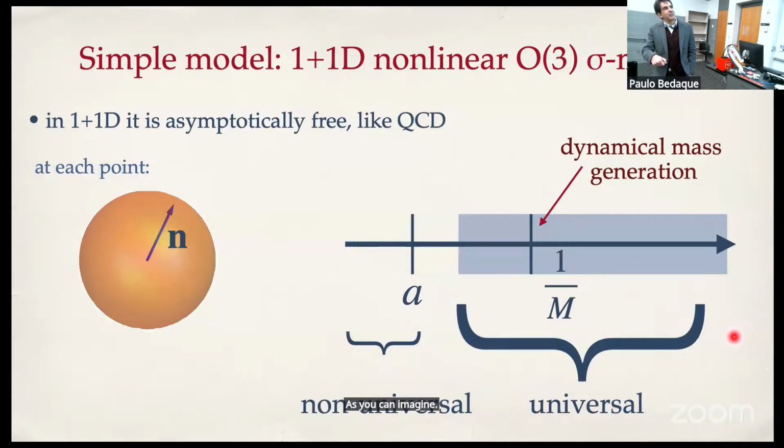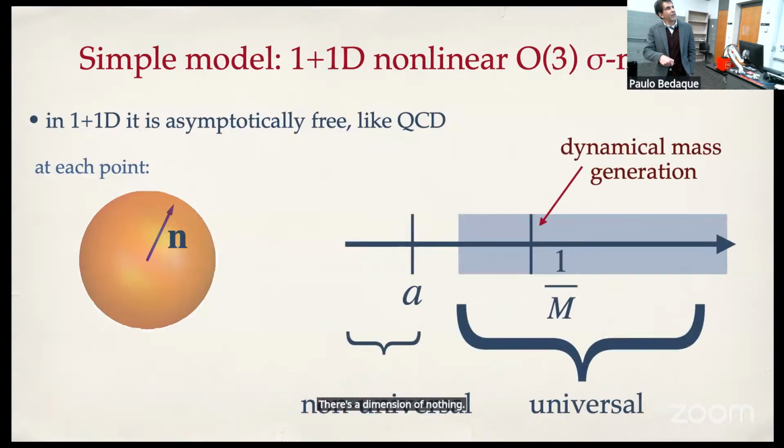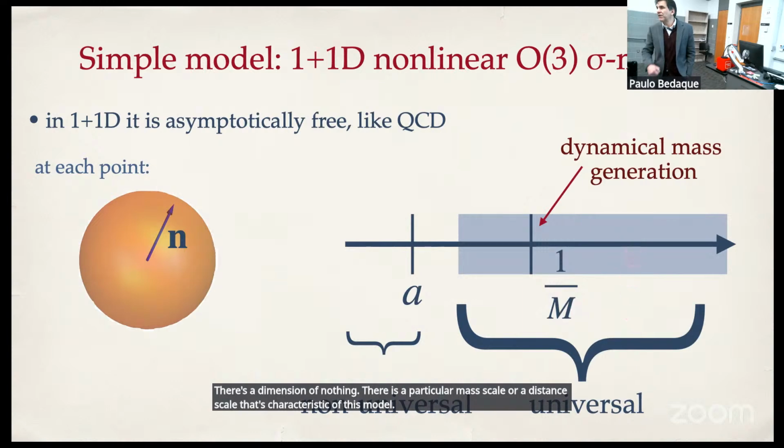Now, this theory has something very special. Even though you look at this Hamiltonian here, and you can count, and g is dimensionless, there's a dimension of nothing. There is a particular mass scale or a distance scale that's characteristic of this model. That's very much like QCD.